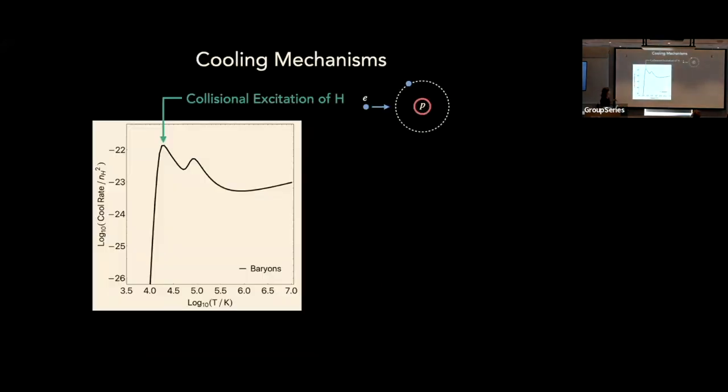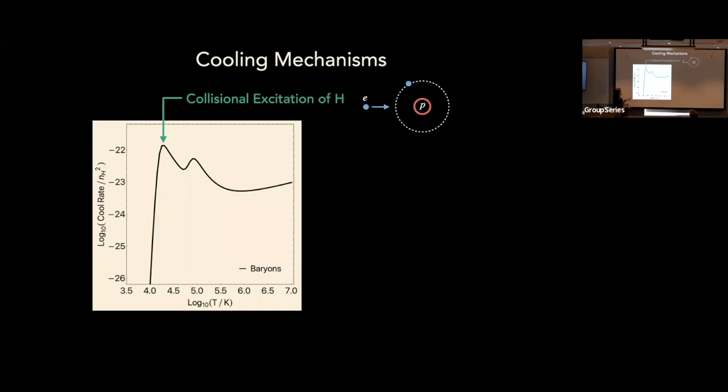So to put this in perspective, let's start by talking about how baryons cool, just regular baryonic gas. I'm going to show this by showing the cooling rate on the y-axis and the temperature of the system on the x-axis. This is the standard plot for baryons. It has a very specific structure that's set by which radiation processes are dominating at what temperature.